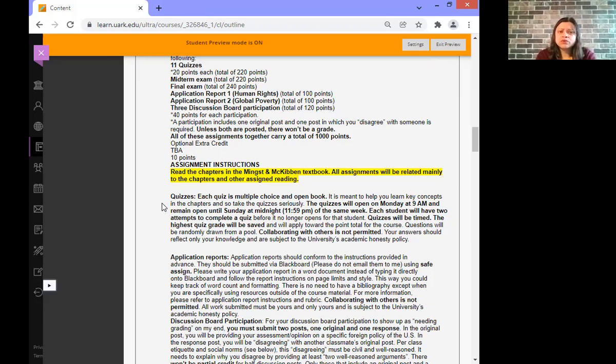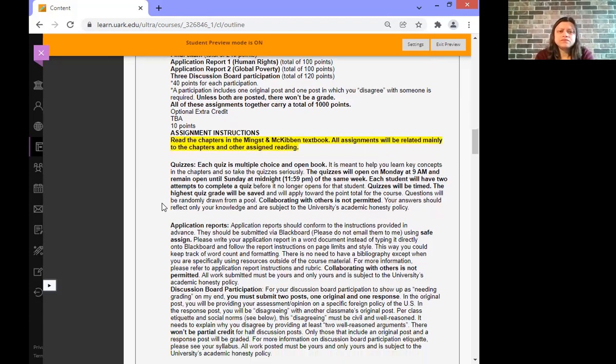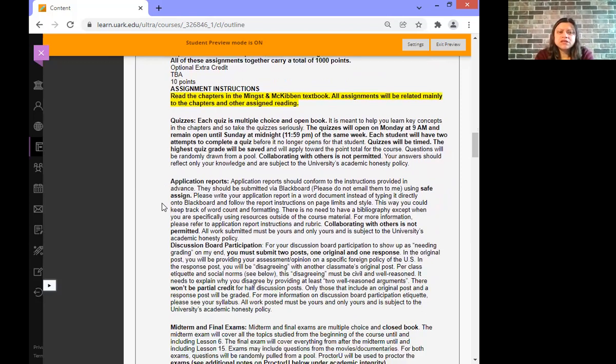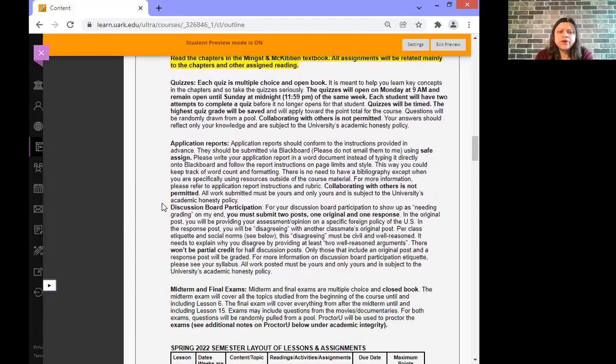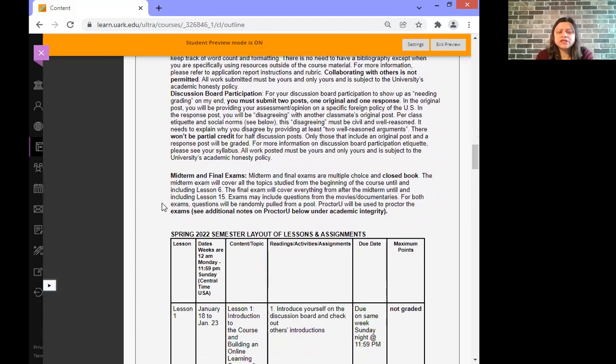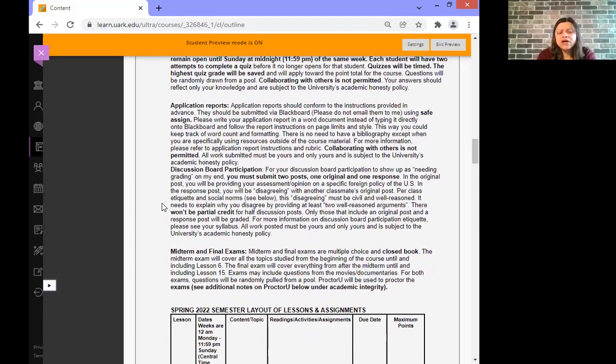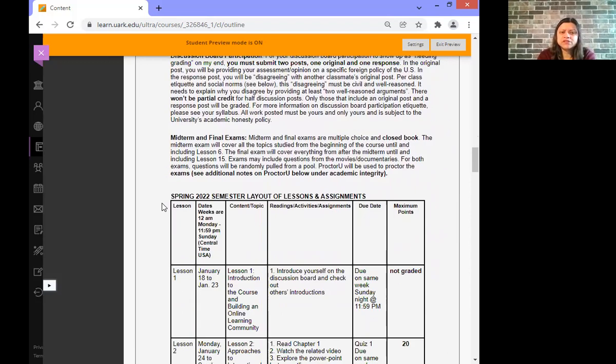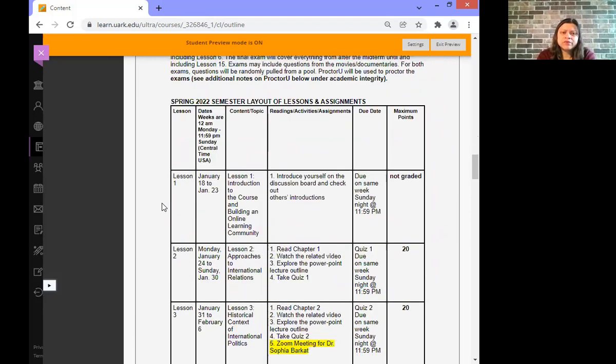The discussion board participation is really going to encourage you to apply theory again in shorter form. So you have essentially the rubric in the syllabus of how to write application reports and discussion board participation, and a little bit more about the exams.